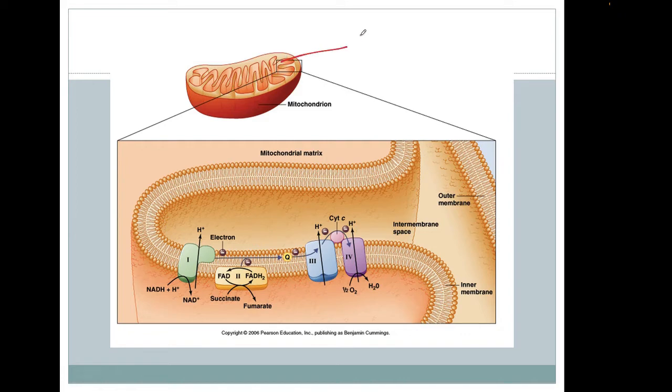The surface of the cristae is studded with tiny stalked particles known as oxysomes or F1 particles.